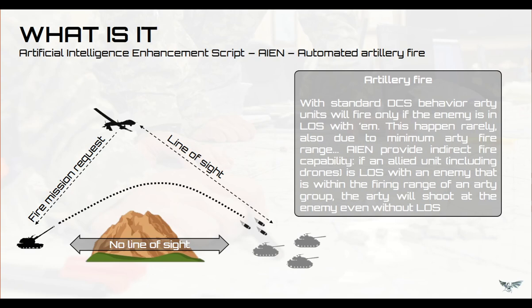That means that in a standard static scenario with a lot of artillery that doesn't shoot at anything, you add a drone and this drone will provide targets to all of them, and you can bring this fire to any enemy, and vice versa. So artillery also becomes a very valuable target.